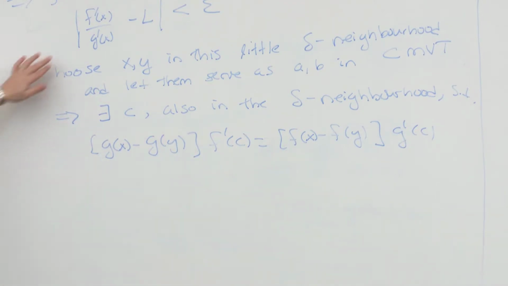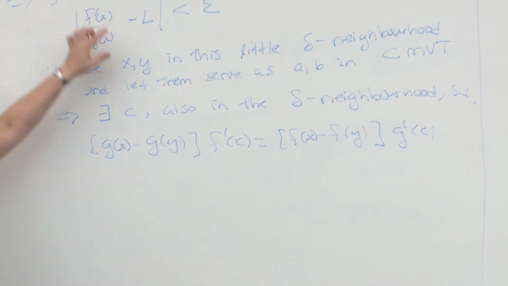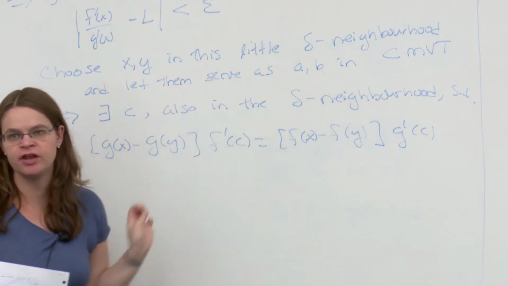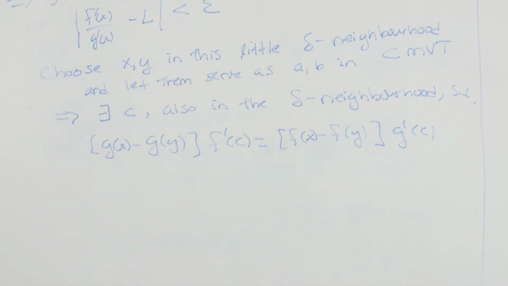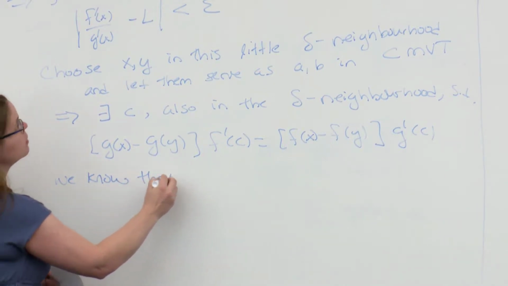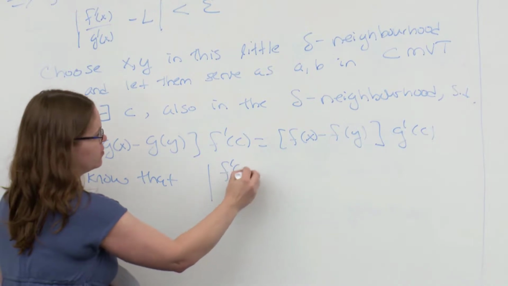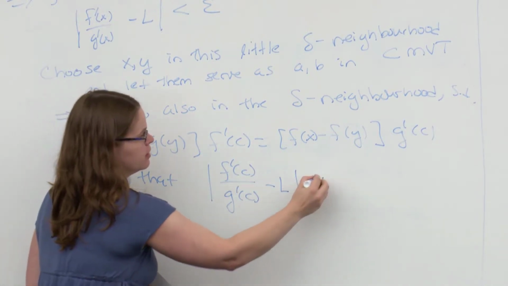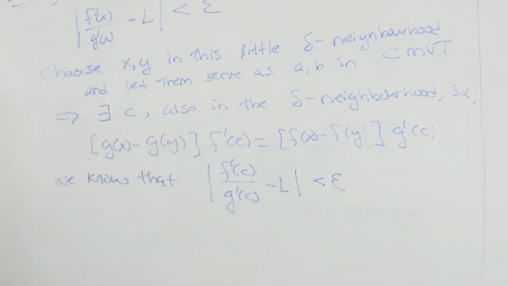Since c lives in my little window, I could use this result here, that f prime of c over g prime of c minus L is less than epsilon. Okay, so we know that f prime of c over g prime of c minus L is less than epsilon.